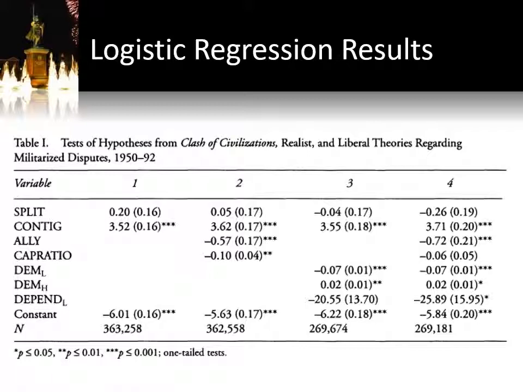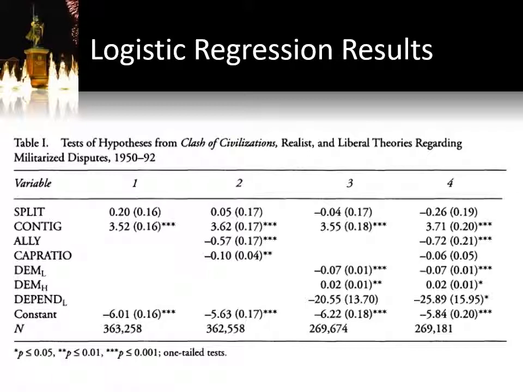Meaning that the higher the democracy rating of the lowest one, which means they're both democracies, as it goes up, we see a decrease. Not a huge one, but just comparing ratios to coefficients to each other, it's negative and significant.